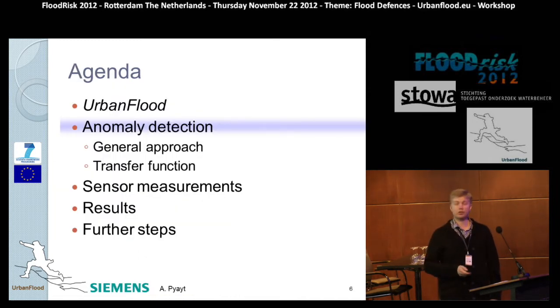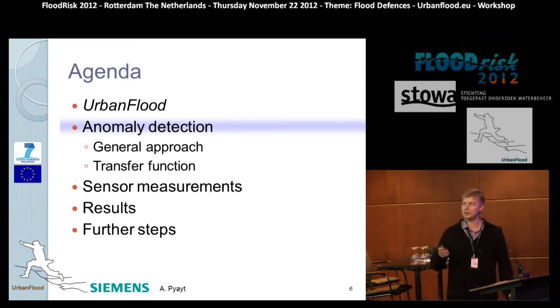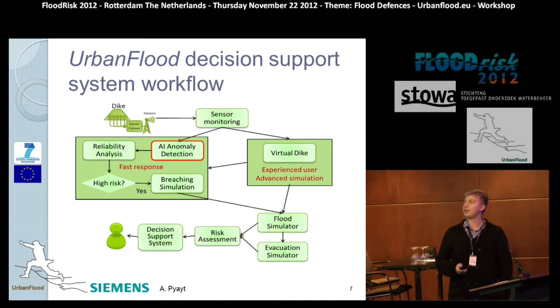We have two general approaches of anomaly detection. We have one general approach since the start of the project, and we have another transfer function approach that was also developed during this project. The artificial intelligence component is one of the models from this fast response branch of the internal decision support system.